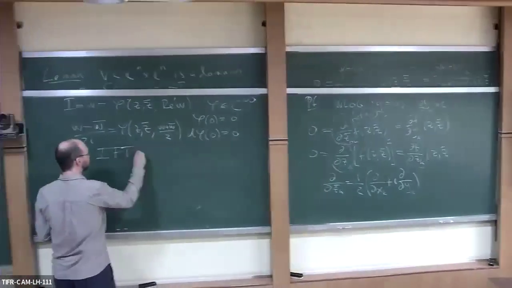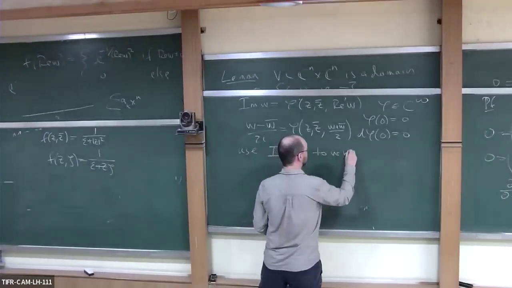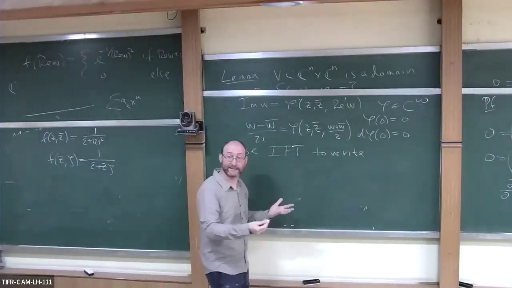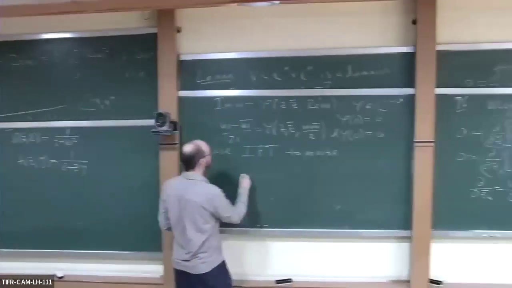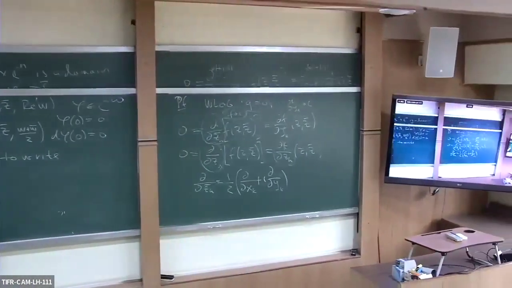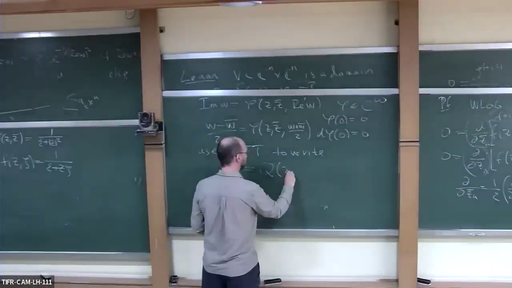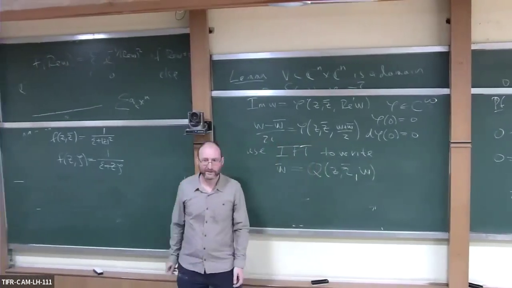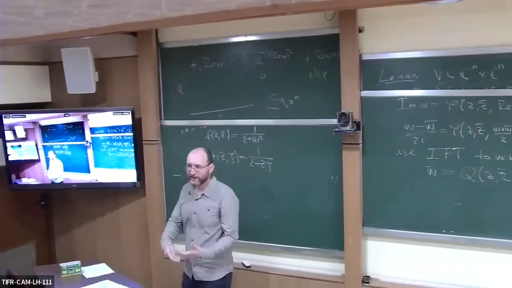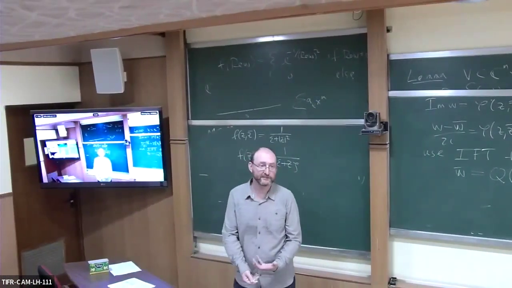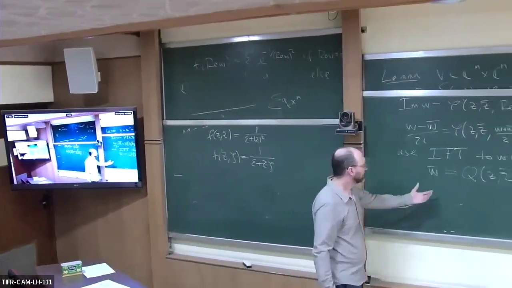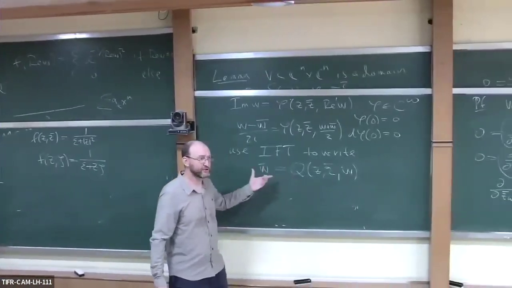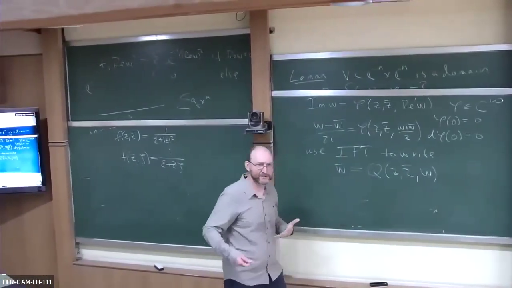I'm writing the same set, but I'm writing it as W bar is Q of Z bar, W. I find a holomorphic function Q using the implicit function theorem such that this is true. It's no longer a real equation.